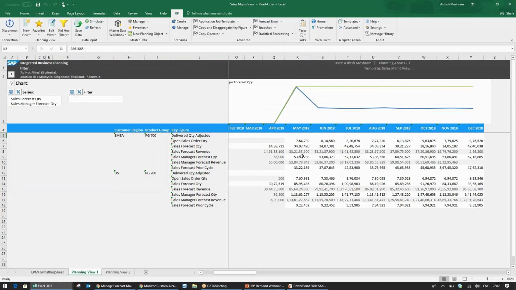And here you also have prior cycle data, wherein you can compare how you're performing currently as compared to the previous cycle.